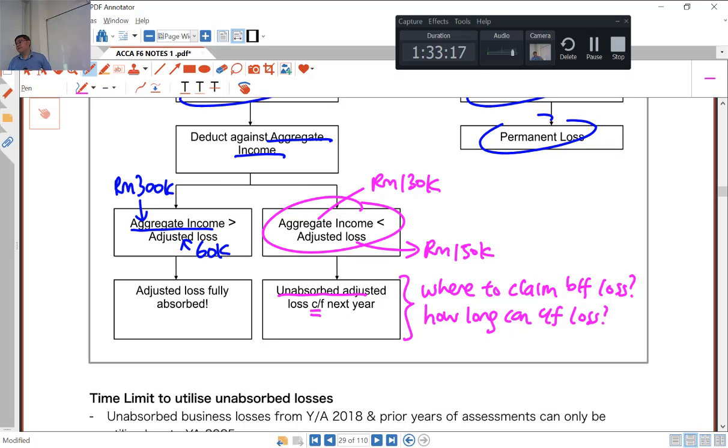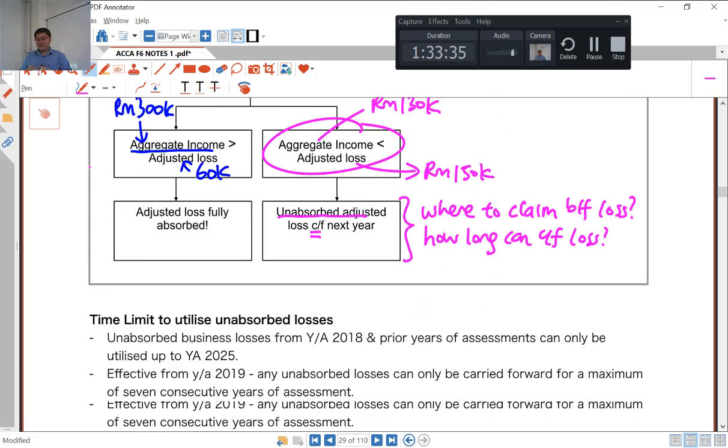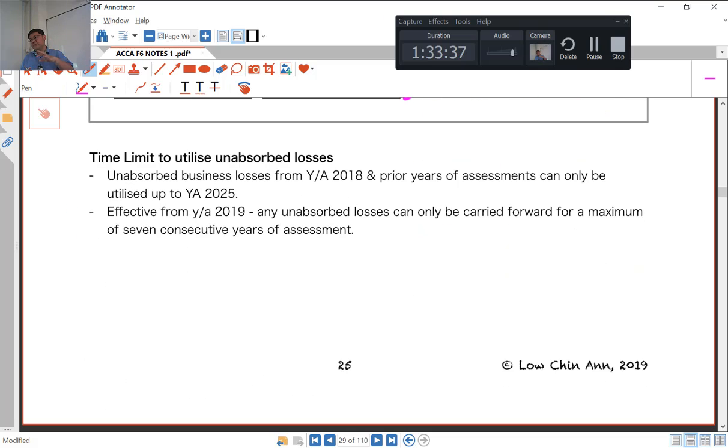And of course then when the new government took over, they really wanted to look at how to improve government revenue. So one of the measures they have taken is they decided to do away with the no time limit. Now they impose a time limit. So they say that now if you have losses, you can only carry them forward up to a certain year.